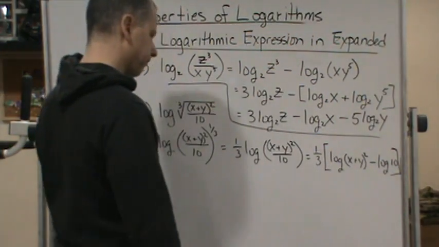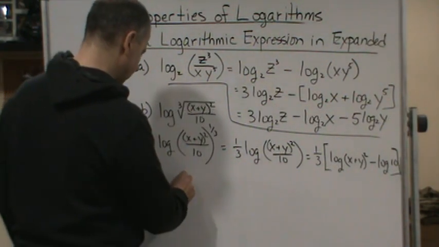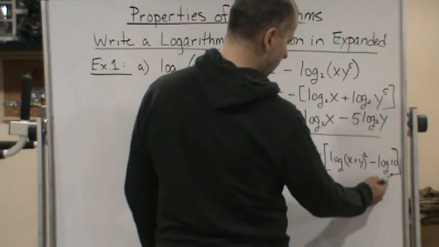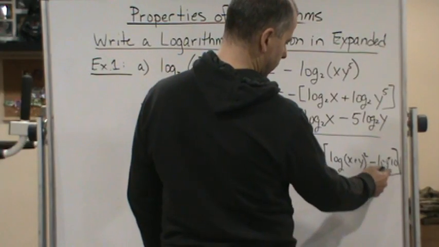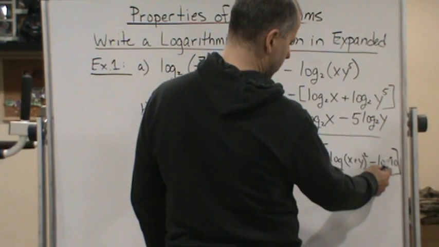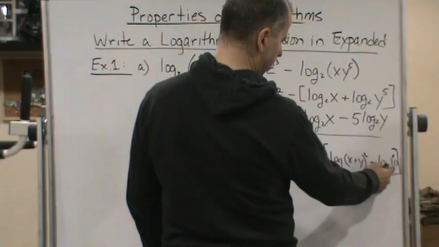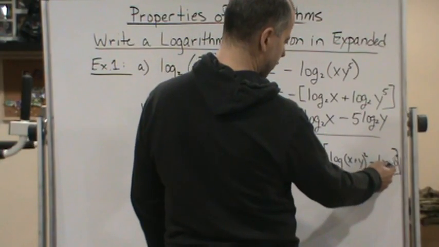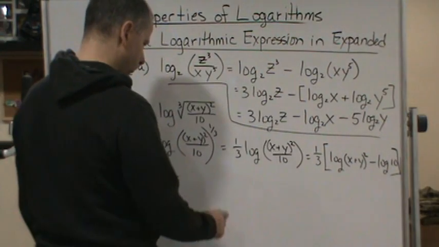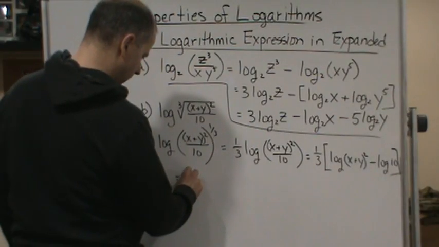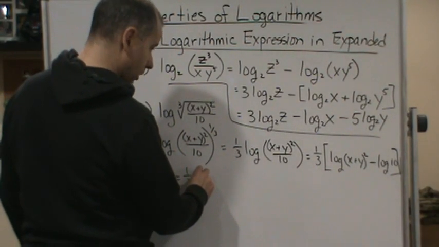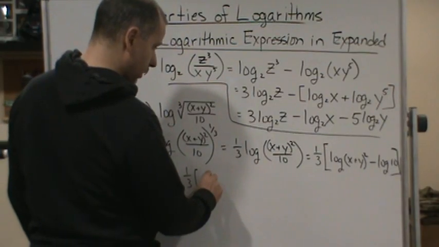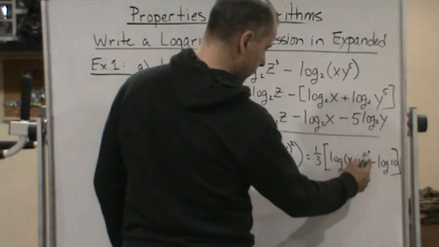Okay? Now we can simplify things here, because what's the log of 10? Well, log is base 10, so this is common log. So the log base 10 of 10 is going to be 1, right? So let's just do that. So we've got 1/3 times, and let's pull the 2 out here.